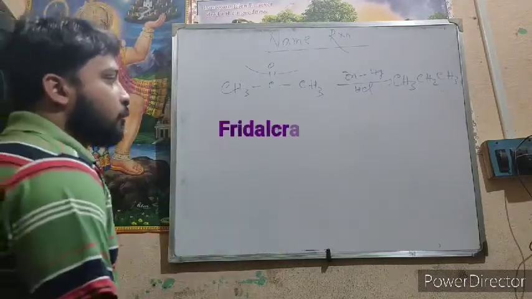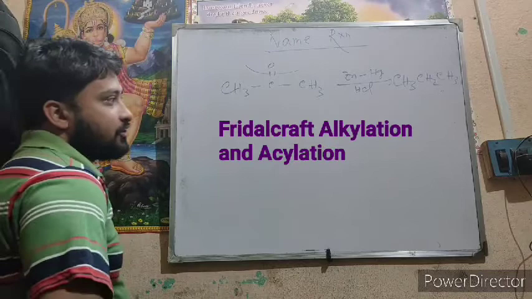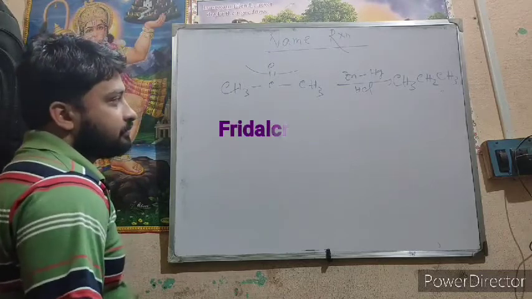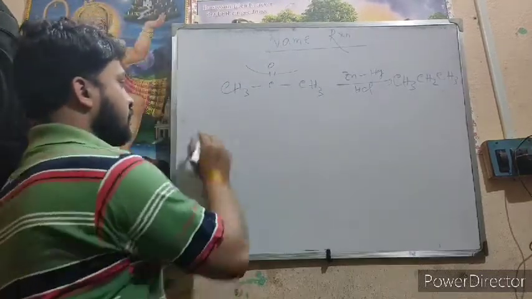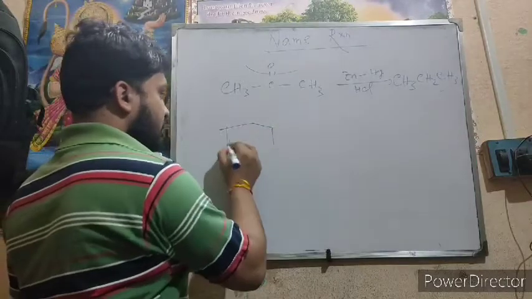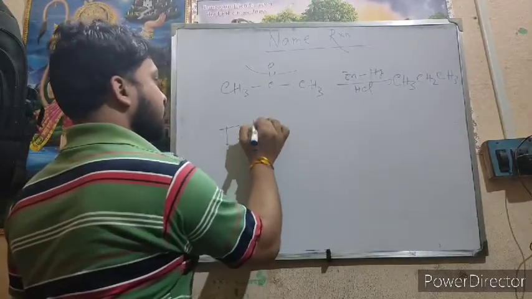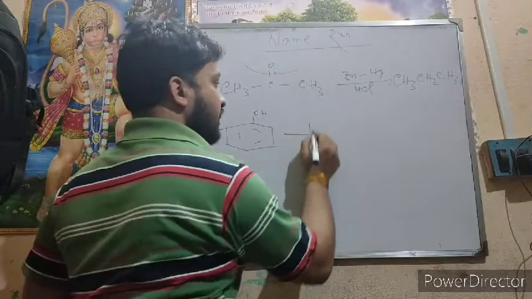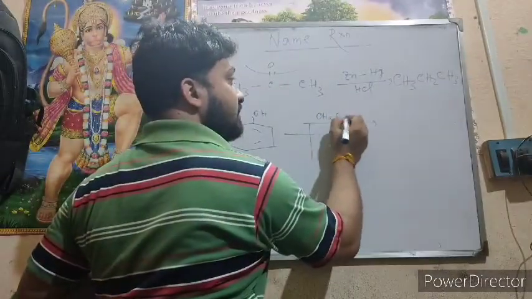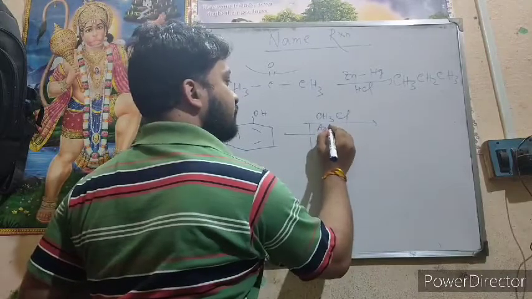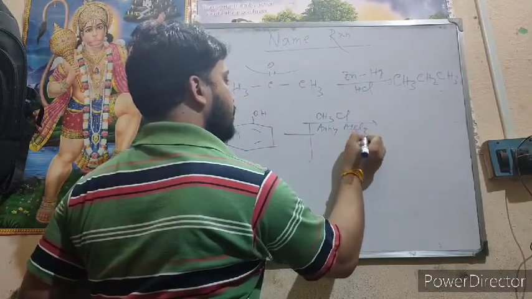Now the next one, Friedel-Crafts alkylation and acylation. As you know, it is a very simple process. For alkylation you can take CH3Cl and anhydrous AlCl3.